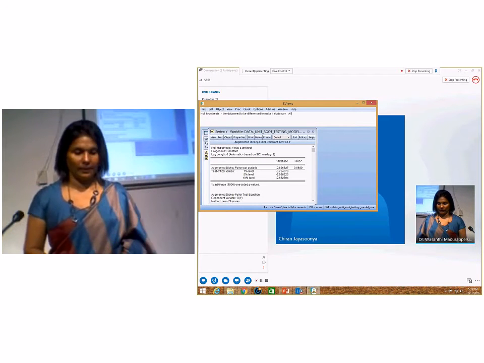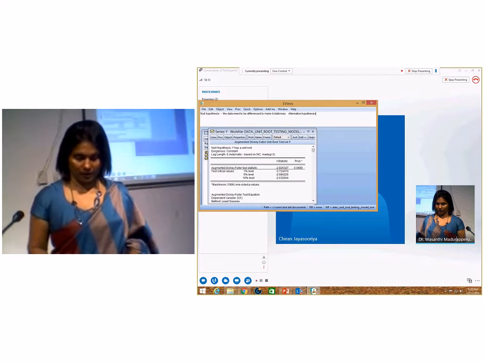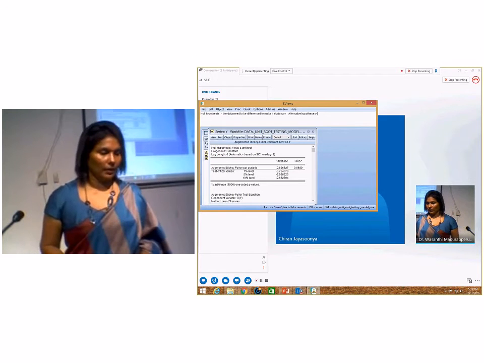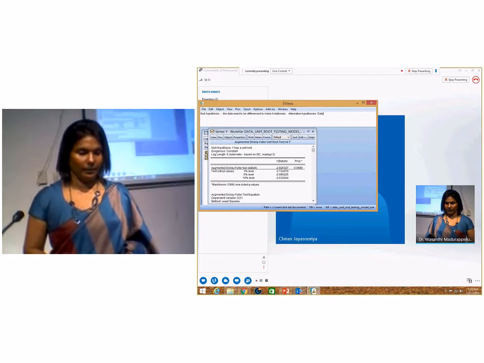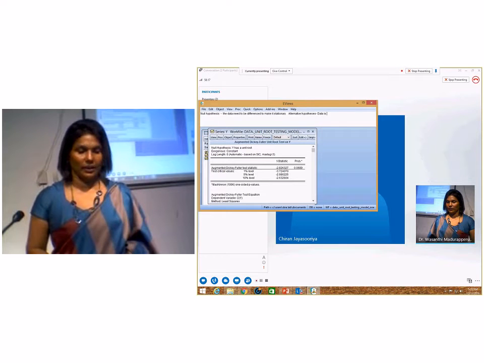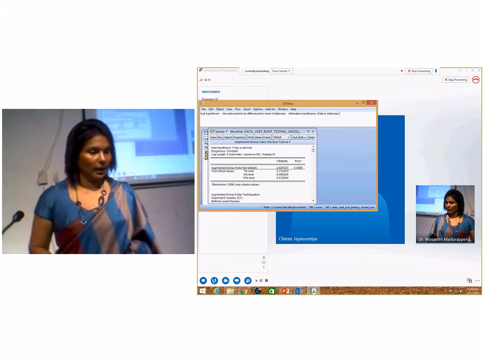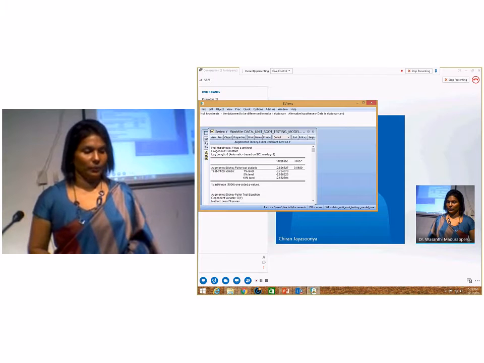Alternative hypothesis: data is stationary and no need to difference.